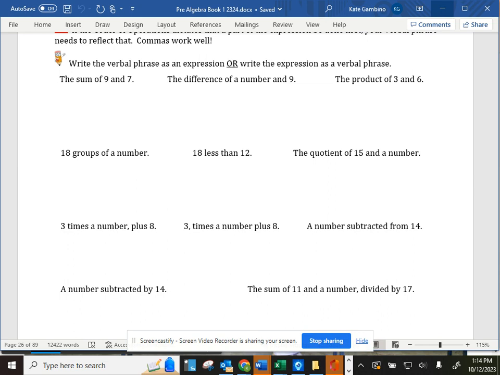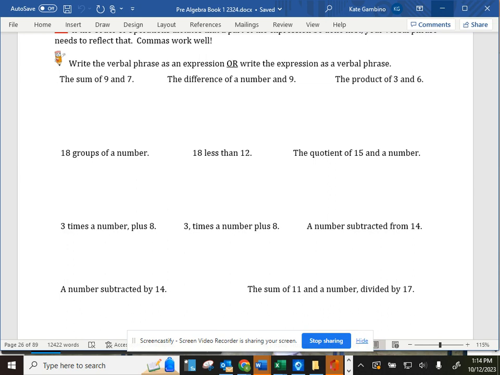Adeza: An equation has an equal sign. So here, it's just saying an expression. So do I want to see equals this number? No, because we just want the expression. We don't want to do the math on this page. So when we're doing an expression, you are not doing the math. You're just writing out what the expression is. No equal signs.